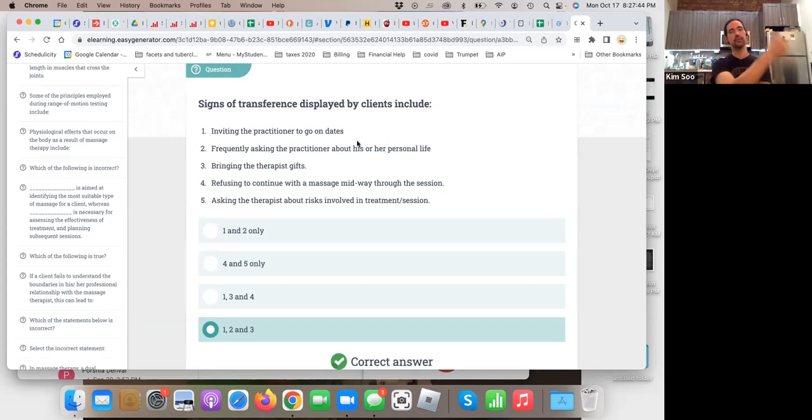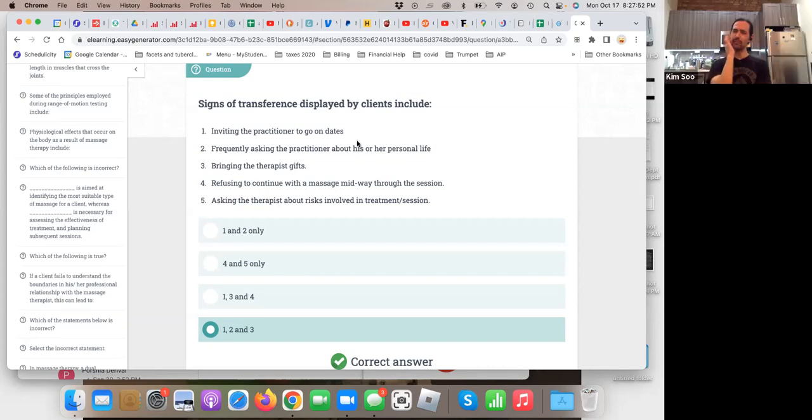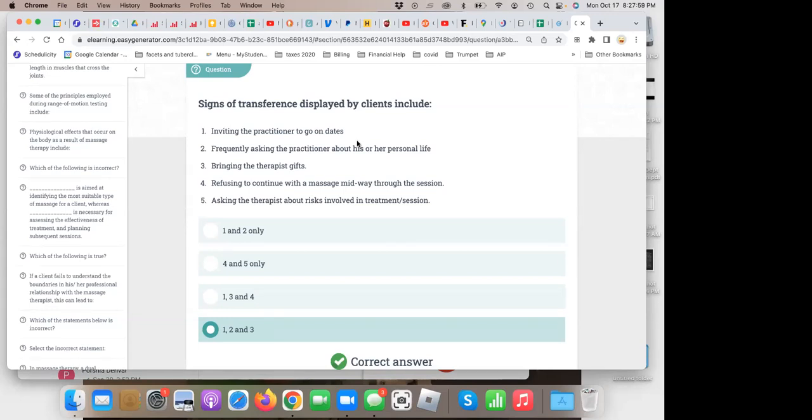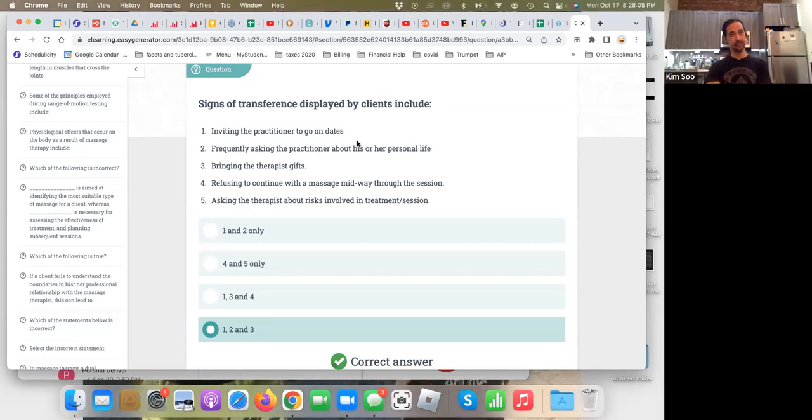And then inviting the practitioner to go on dates. Gee, ooh. Where's my calculator? Let me just do the math on this one. What do you think? Transference or not? Absolutely. Definitely. Okay.